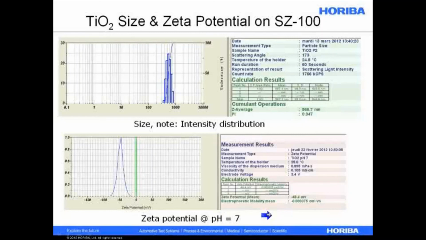But if we do that, then we're happy to also show you what can be generated with our new DLS instrument, the SZ100, measuring particle size down here in the sub-micron range, even down to sub-nanometer for the most difficult samples.